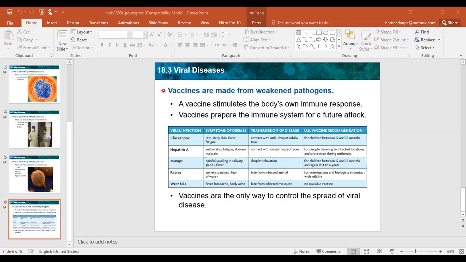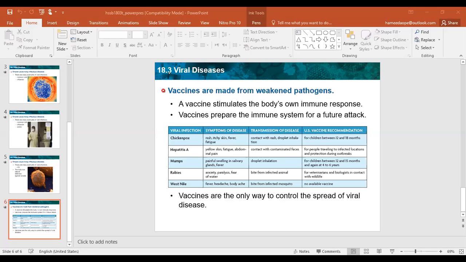So when it gets to the body of the person, it makes the immune system fight it and kill it very easily. So the immune system would remember that same disease, the same pathogen, whenever it enters the body again. So that's why the person will not be affected by the disease the second time. So if we had influenza, the sore throat, cough, inability to breathe always come back.